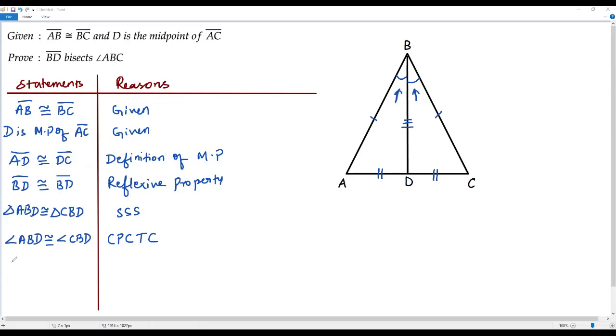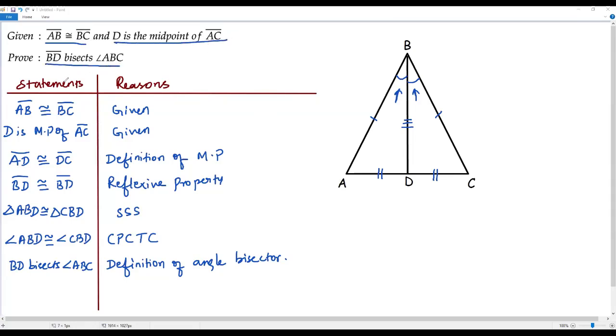Let me write the stuff over here. So BD bisects angle ABC. The reason for this one is the definition of angle bisector. Let me write the stuff over here. Definition of angle bisector. Using the given two pieces of information, now we have proved that the line segment BD bisects the angle ABC.